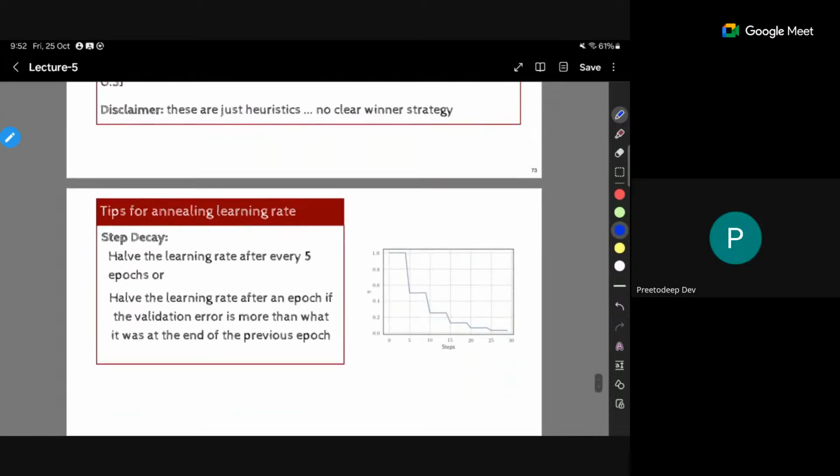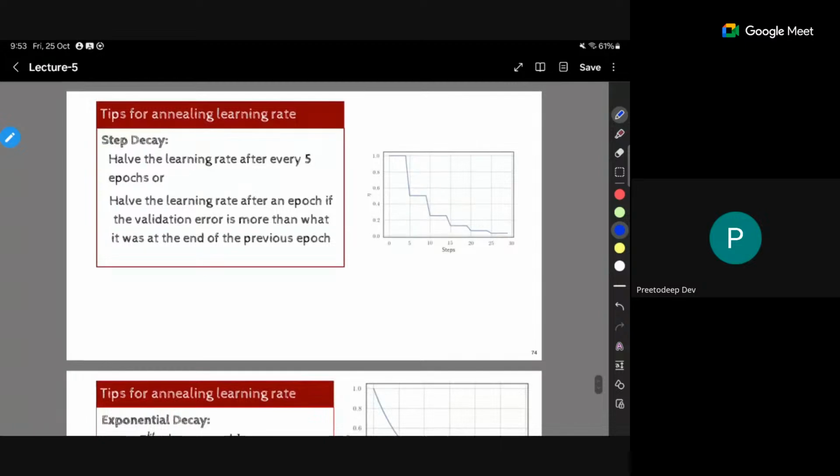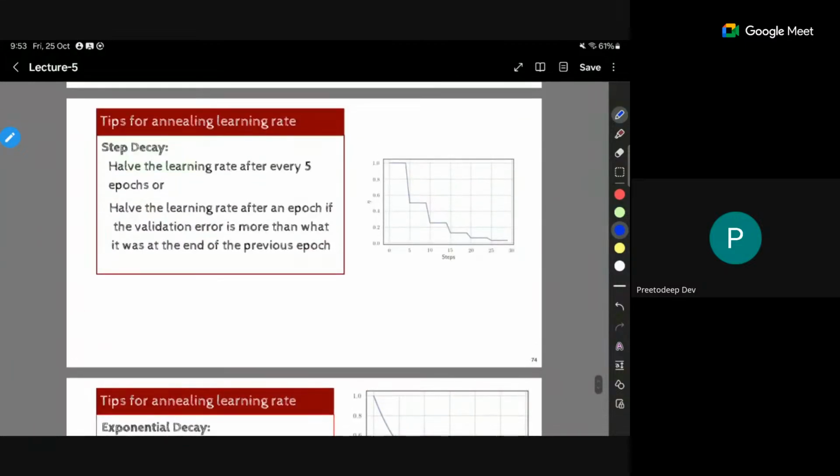Some various types of learning rate. One of them is step decay. So after a few epochs, you can have some rule that I'll reduce it by this much: half it, 1/4 it, 1/8 it, or any subtraction will also work. But be careful, don't go negative. You have to reduce it somehow.